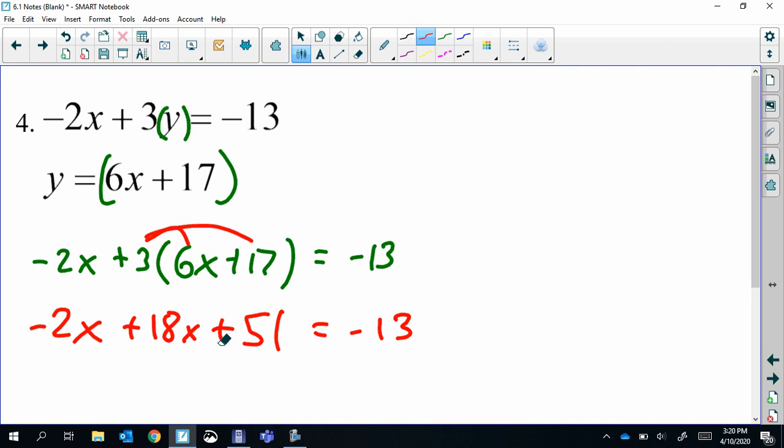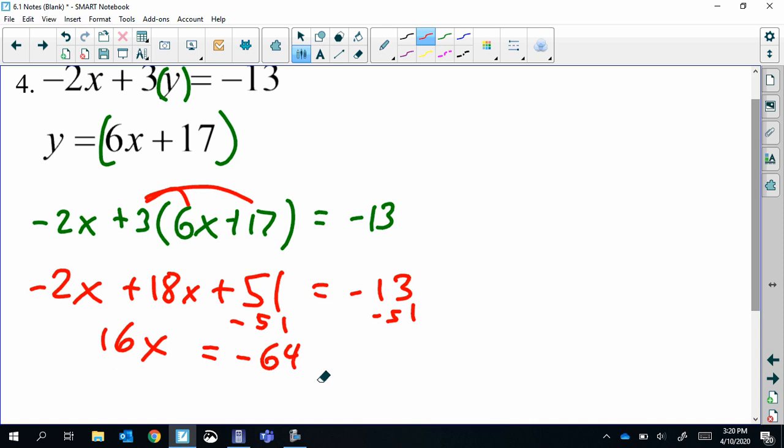And then solve it out. Combine like terms, you get 16x. Let's subtract the 51 over. And then 64 divided by 16, that's 4.